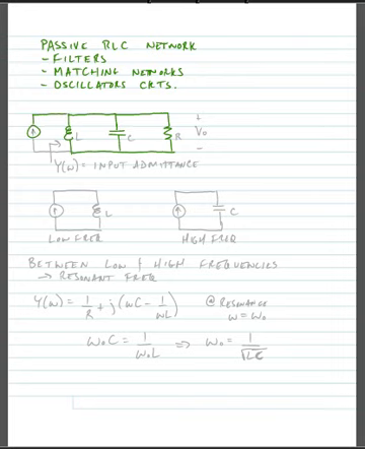We might input a current into this parallel RLC tank and measure the voltage that develops across the tank. What we're interested in looking at is what is the admittance of this network. We deal with admittances when we're talking about parallel circuits.